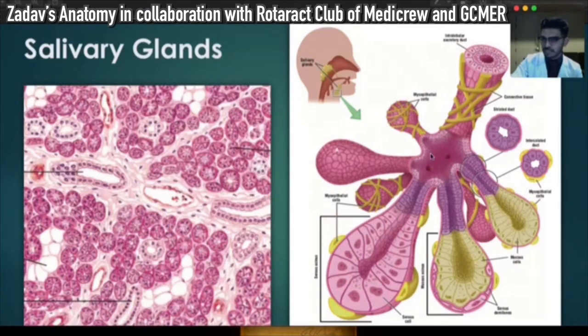As the multiple ducts join to form a larger duct, let's call this like an interlobar duct, then can you see the layers are increased. Now this is two layers of cuboidal epithelium, and this is actually an intralobular, but as it becomes more and more bigger, as more secretory end pieces and more interlobular ducts join, it becomes an interlobar duct, which will have 3 or 4 layers of not only cuboidal but columnar epithelium, right?